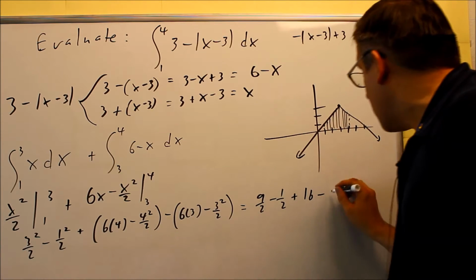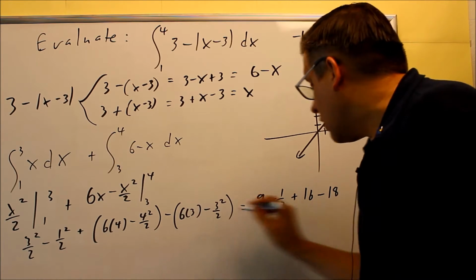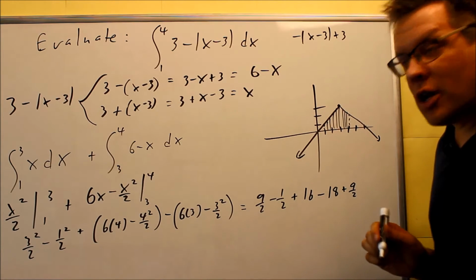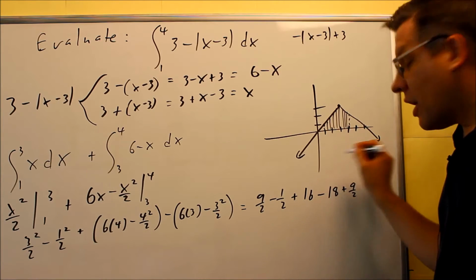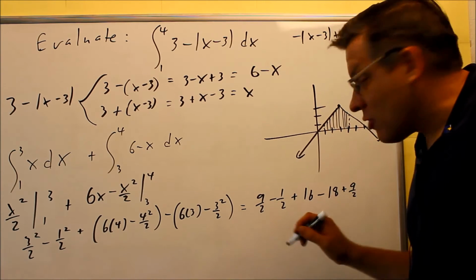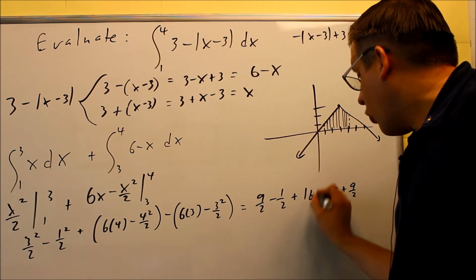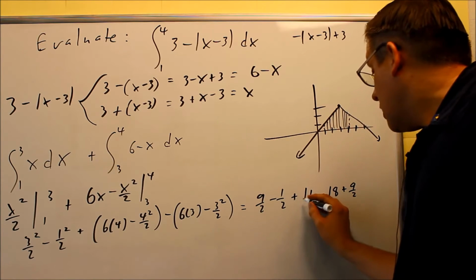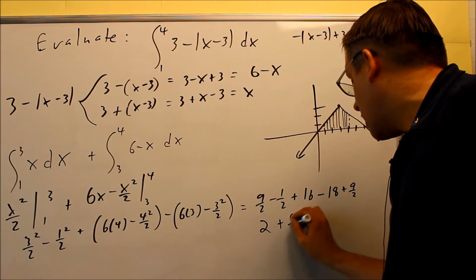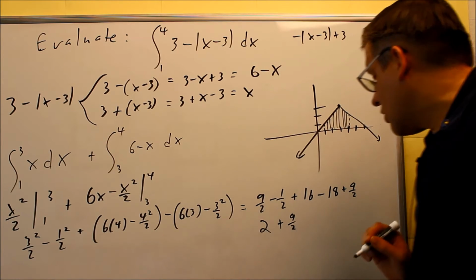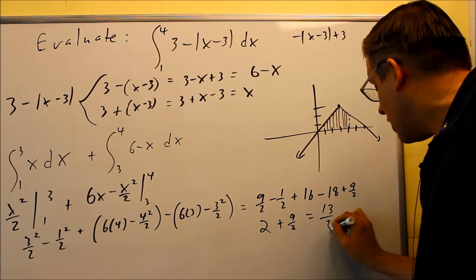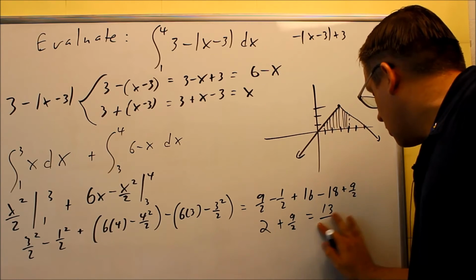So let me just go ahead and distribute that: minus 18, and then plus 9 halves when I distribute the minus sign inside there. Alright, so now it's a matter of just simplifying it. 9 halves minus 1 half is 8 halves, which is 4, and then 4 plus 16 is 20 minus 18 is 2, so I get 2 plus 9 halves. And so that's 4 halves plus 9 halves. That means I get 13 halves as my answer.